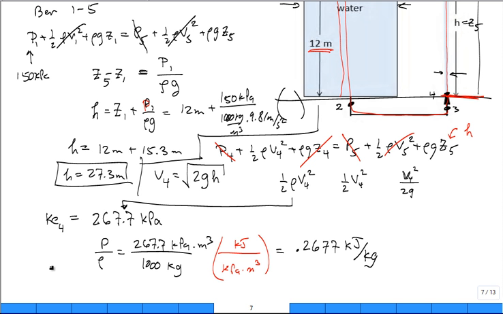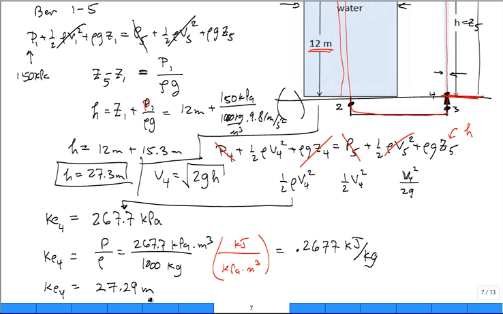Now the last one, this is kinetic energy at 4 in different units. If I take and divide by rho g, then we get that the head is 27.29 meters, about 27 meters. That will be the head, the kinetic energy at 4.